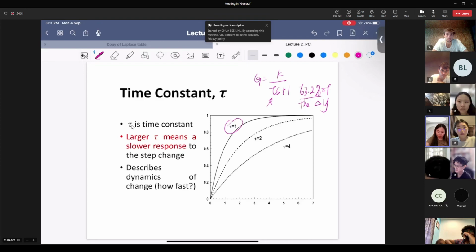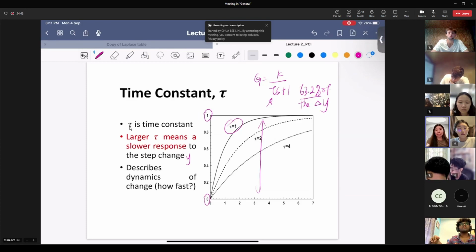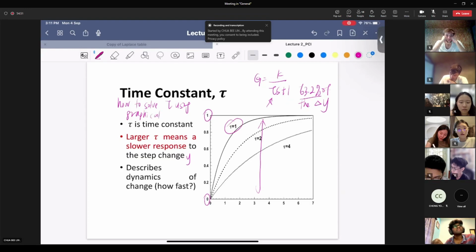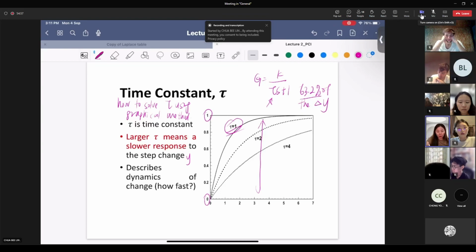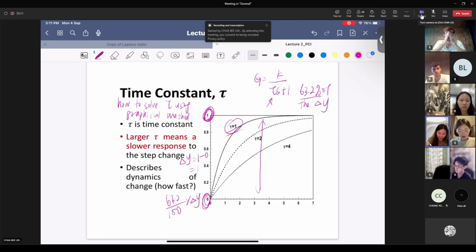So what is the total change? Well, let's say tau equals 1. So let's say the change of Y is from 0 to 1. How do you solve for tau using the graphical method? The total change delta Y is 1 minus 0, so the change is 1. 63.2% of the change means you divide by 100, then multiply by the total change of Y, which in this case is 1.